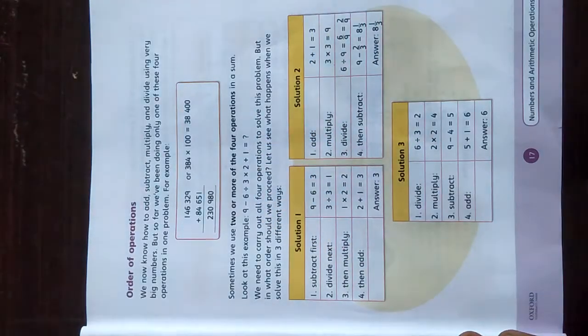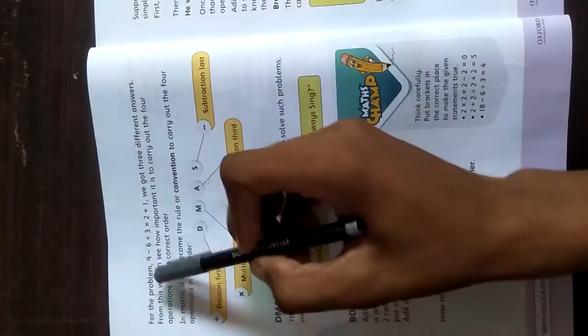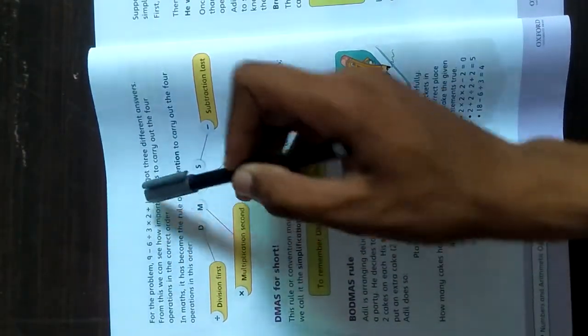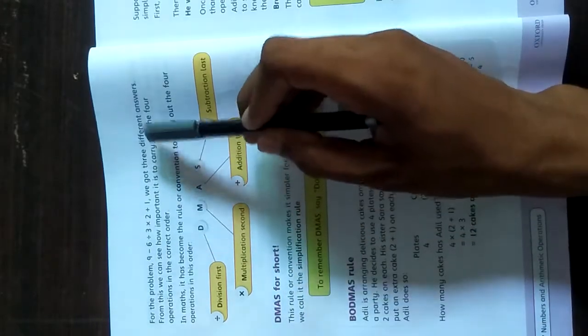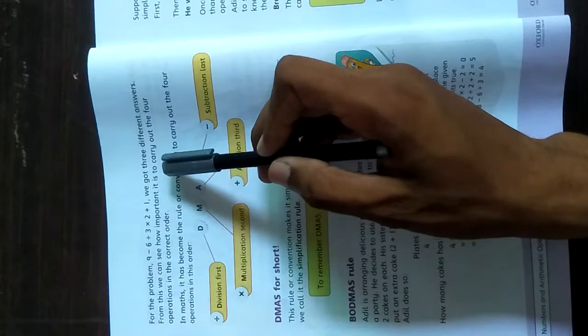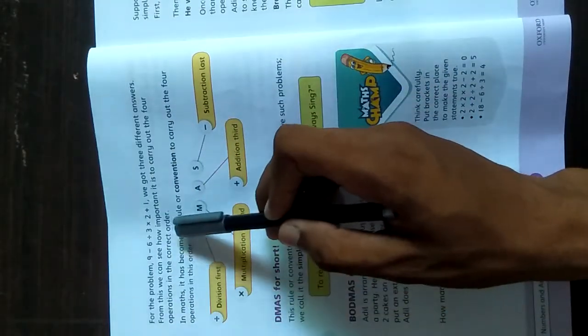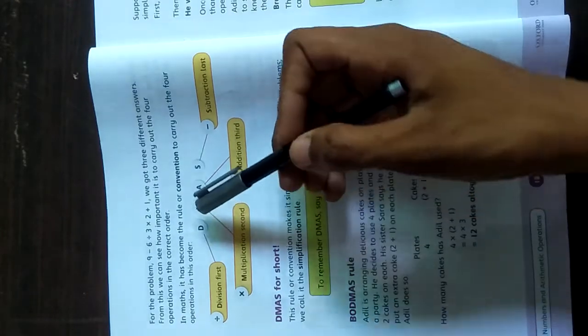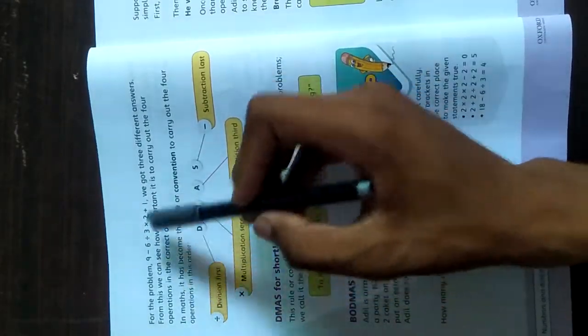For the problem 9 minus 6 divided by 3 multiplied by 2 plus 1, we got three different answers. From this we can see how important it is to carry out the four operations in the correct order.